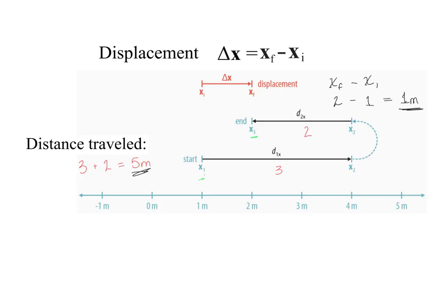And so distance is going to be how far you moved collectively. Displacement is just how far away am I from where I started. And displacement considers direction. So in this case, from where I started, I moved in the positive direction. And so that's why it would have been a positive 1 meter.